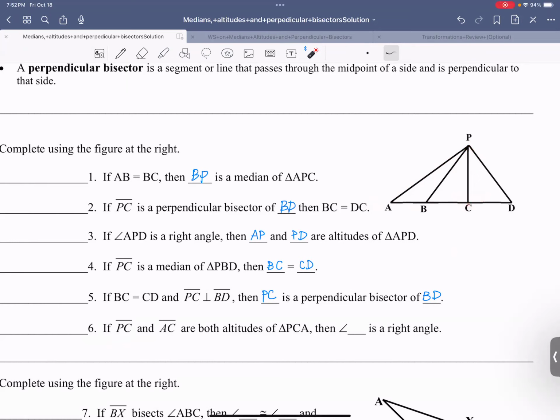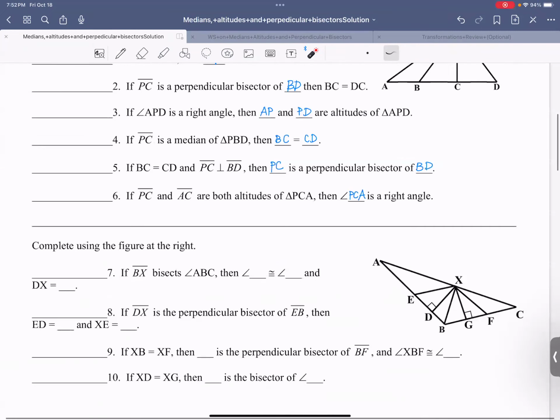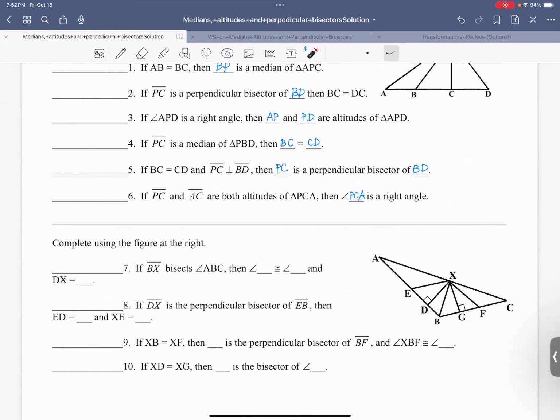Angle PCA, okay? Because they are talking about the triangle PCA, right? Yes, PC and AC are perpendicular, so this is a right angle. Make sense now? Yeah. Next one.